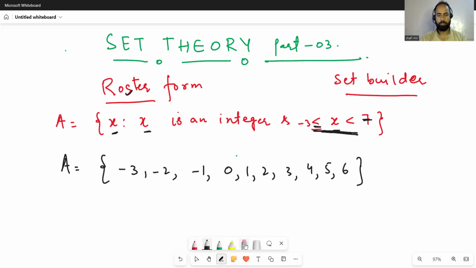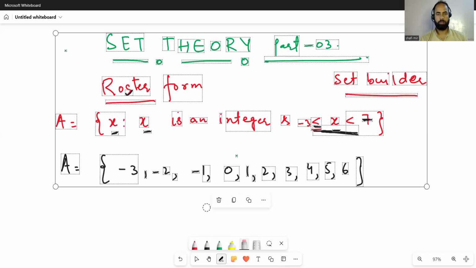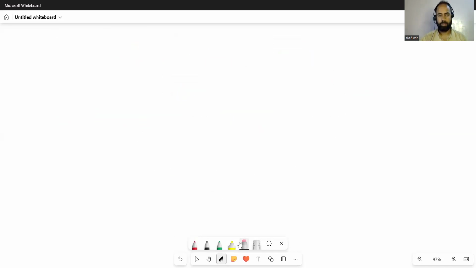Let us take one more example. Let me rub the board. Suppose set A is 3, 6, 9, 12, 15. This is set A, and I have written this set A in roster form or tabular form. Got it?